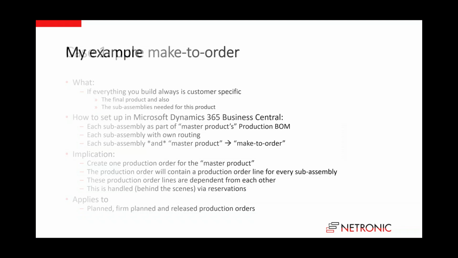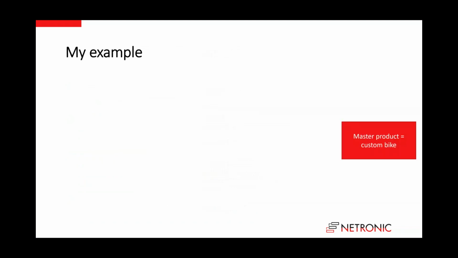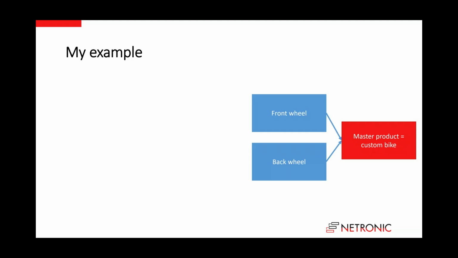So in my example that we look at, I just have a master product, and this is a customized bike. Like always, when you're in the Kronos database, you build bikes. And for my very custom bike that I build from time to time, which I never build on stock, which I always produce to order, I need a front wheel and a back wheel.